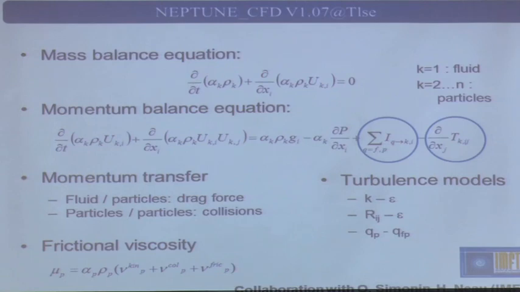We use average equations, and each time you do averages, you lose some information, and you have to plug models inside. We have many choices to evaluate the viscosity of the suspension. This is why you need expertise to select the appropriate models to get the best answer you can get.